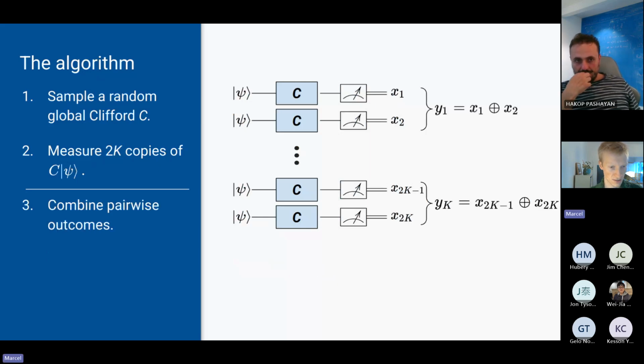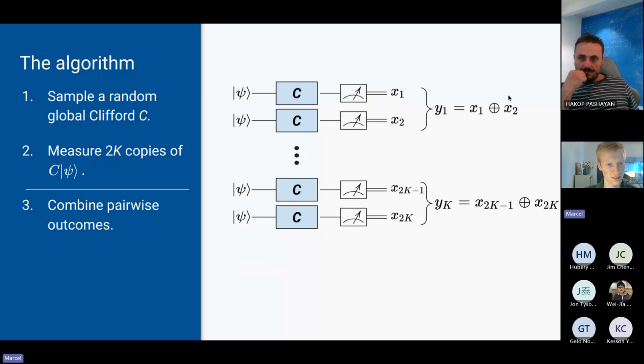The first thing you do is combine pairs of outcomes. This step is not so important. It's just a mathematical convenience because in the stabilizer states, there's some affine structure that's sometimes a bit annoying. By adding outcomes from some affine subspace, modulo 2, you can go to a linear subspace.